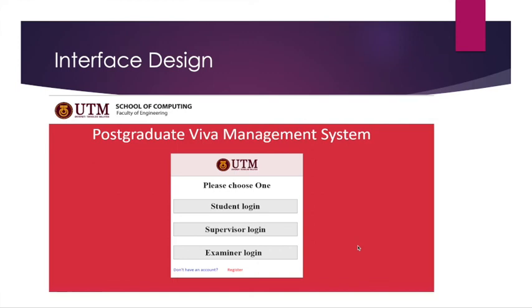As for the interface design, the proposed system will have three user types, and all of them need to log into the system. These users are student, supervisor, and examiner.